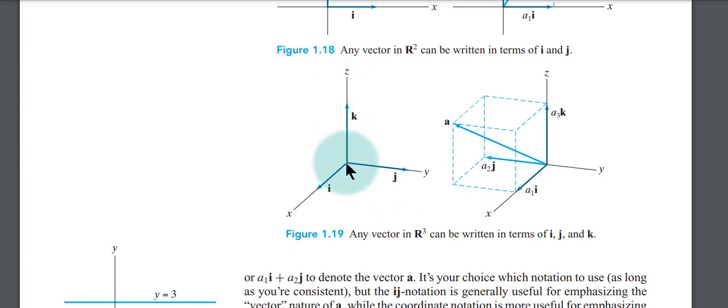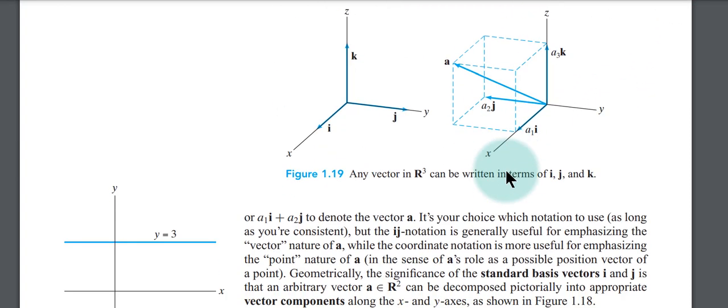Anyway, we have the special vectors: the vector in the direction of x, just like we had one here, we'll call that i, the vector in the direction of y, we'll call that j, and in the direction of z, we'll call that k.